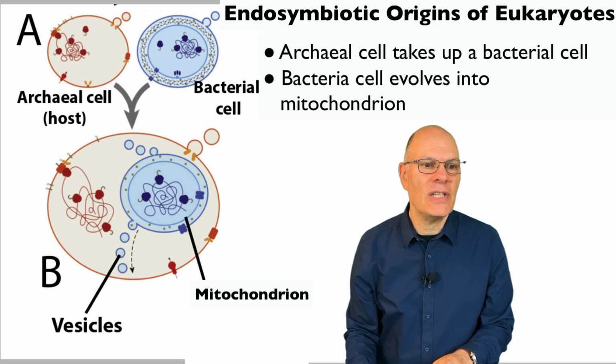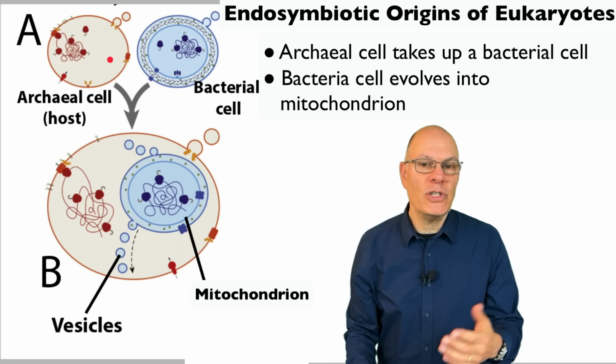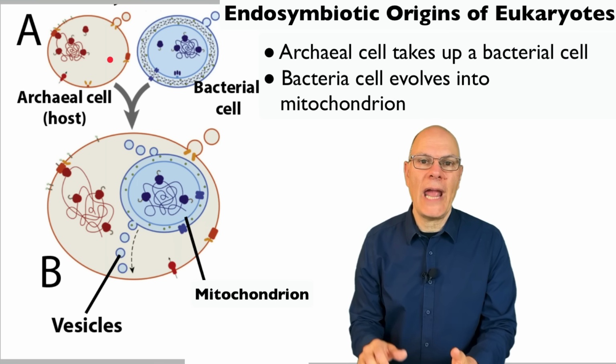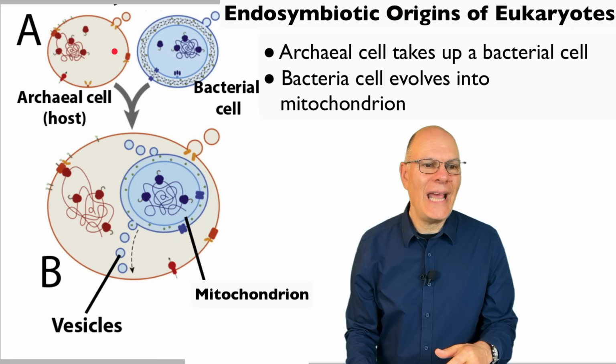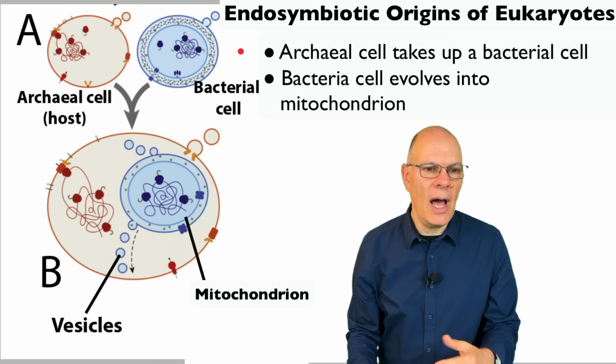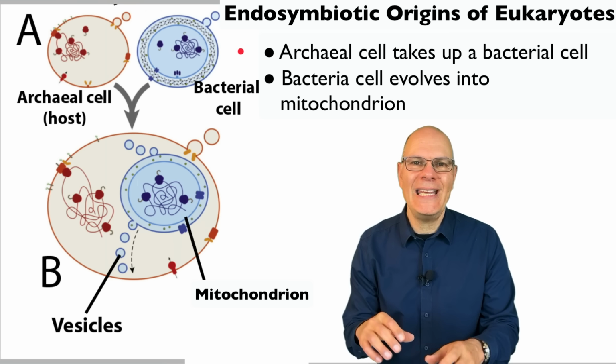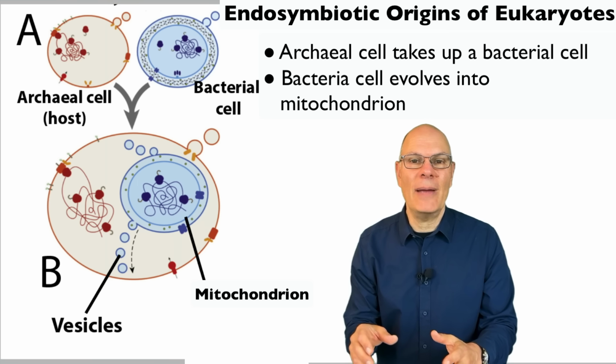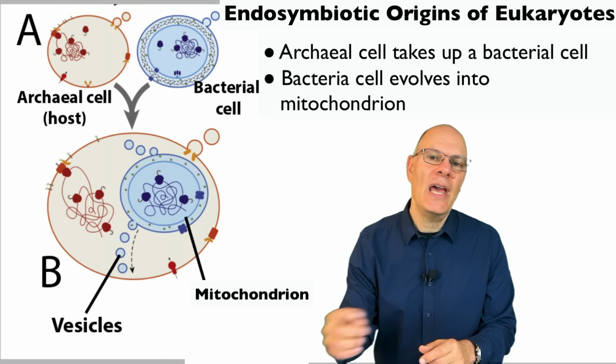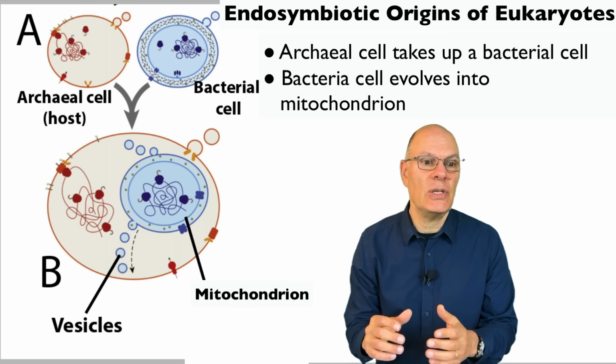So what happened is that here we have representatives of the two prokaryotic domains, and an archaeal cell took up a bacterial cell. Now I want to emphasize that there are many scenarios and many diagrams that represent how this happens, and this one is the one that makes most sense to me.